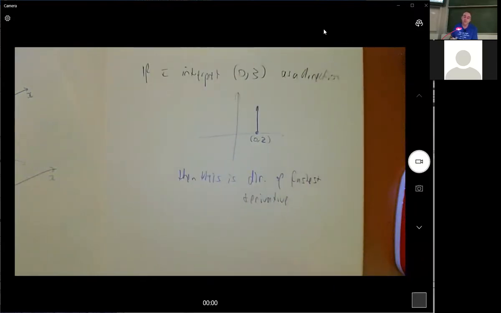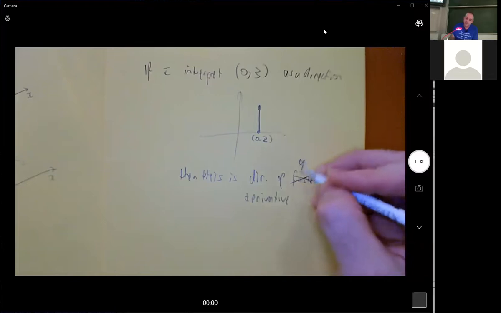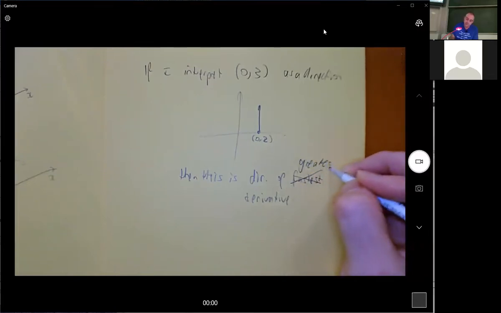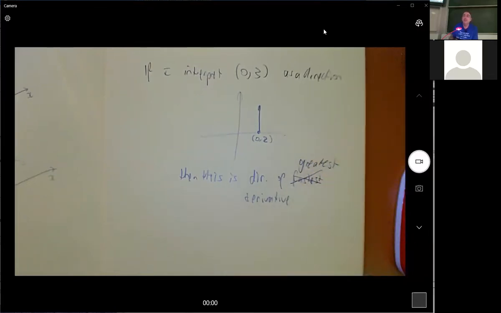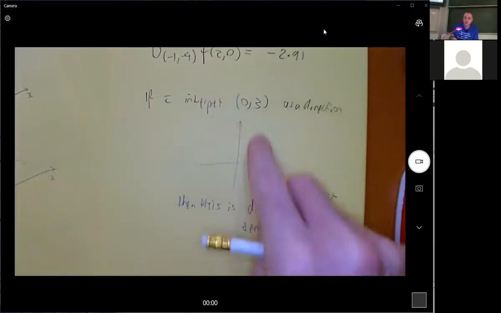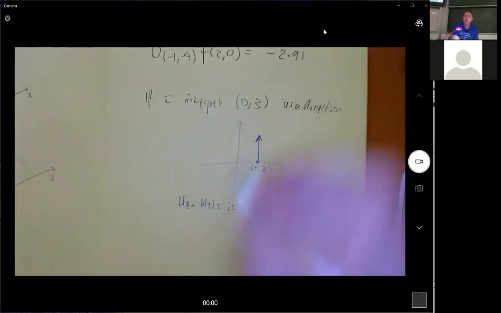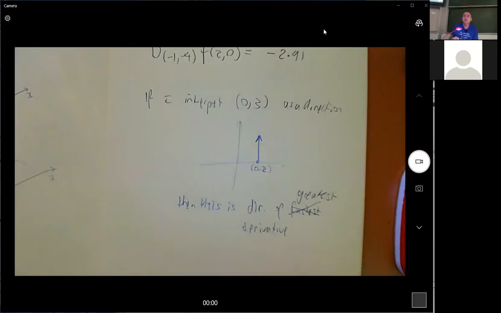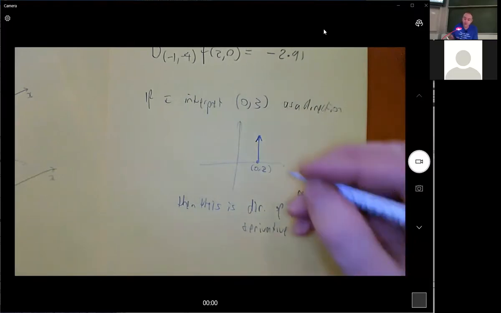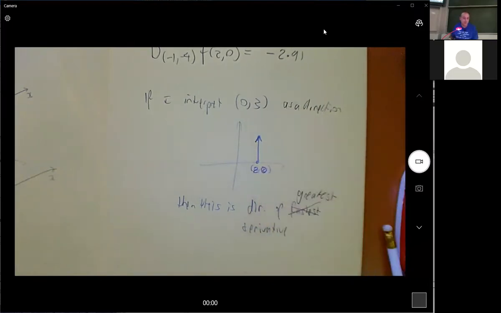Or greatest derivative, as fastest isn't. Oh, 0, 3 is that way. Oh, sorry. That's 2, 0. Thank you. I always get them the wrong way around.